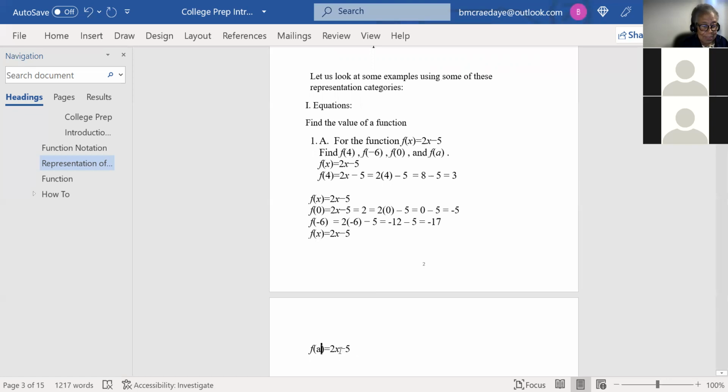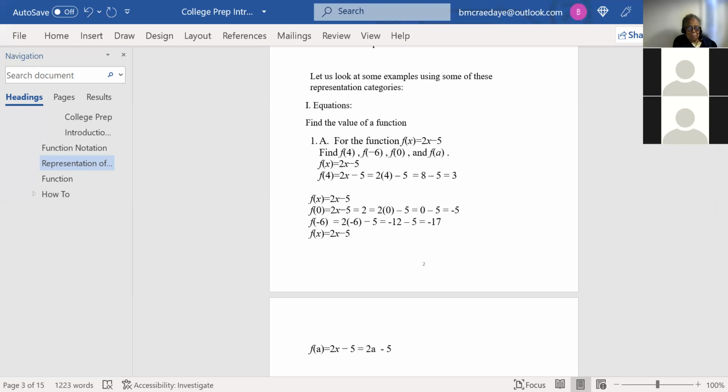Wherever you see an x, you want to put an a. So that's 2a minus 5. Very good. So now you know how to find the value of a function in an equation.